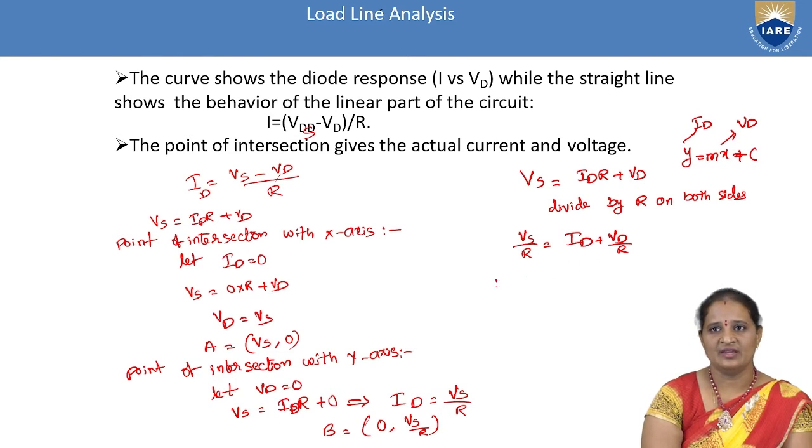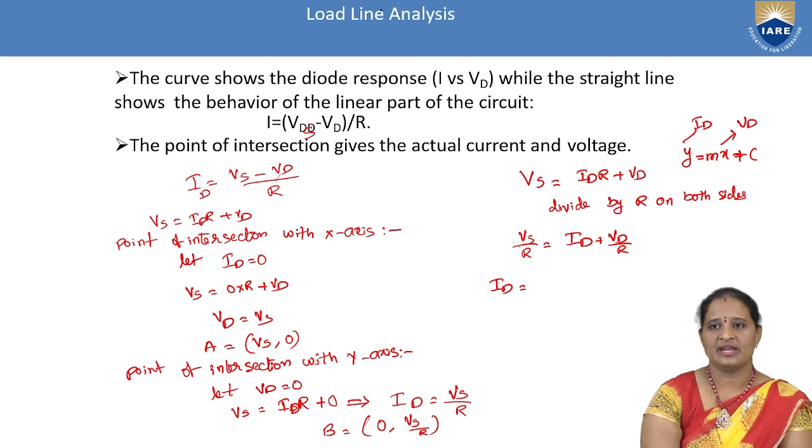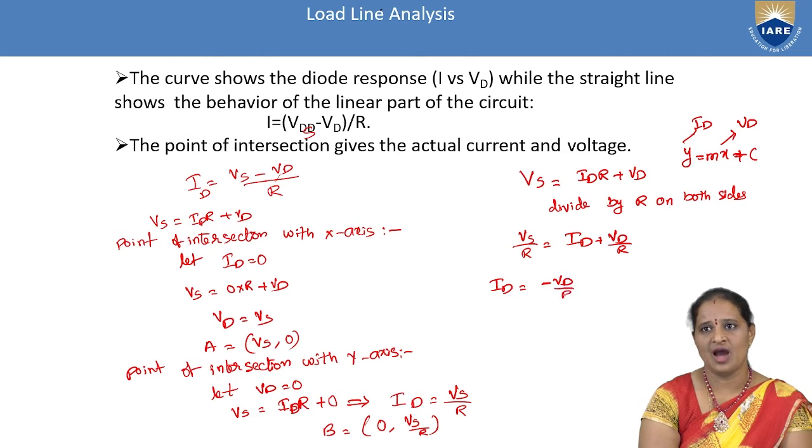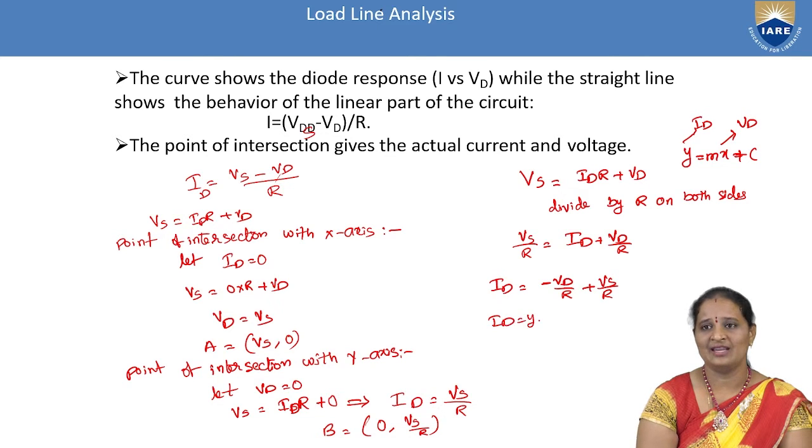So y is ID, so I want to get ID here. This term will go to the other side, so ID is equal to minus Vd by R plus Vs by R. So here ID is y and Vd is x.